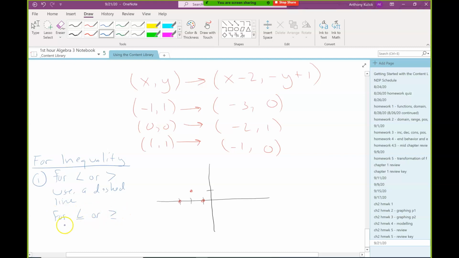And then similarly for the or equal to versions, we're going to use a solid line. Our problem, we had a less than symbol, right? So when we draw our graph, we're going to draw it with a dashed line.